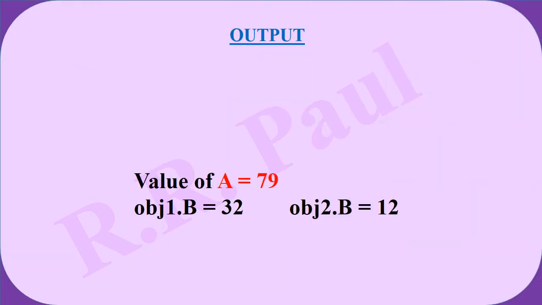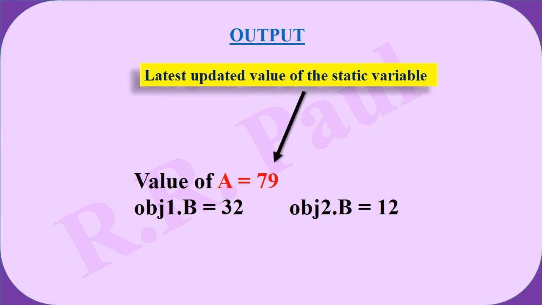I hope you have gone through the program carefully and worked on the output on your own before coming to the screen. Just see whether your answer matches this answer or not. Remember, static members are declared only once at one memory location, and those are controlled through the name of the class itself.